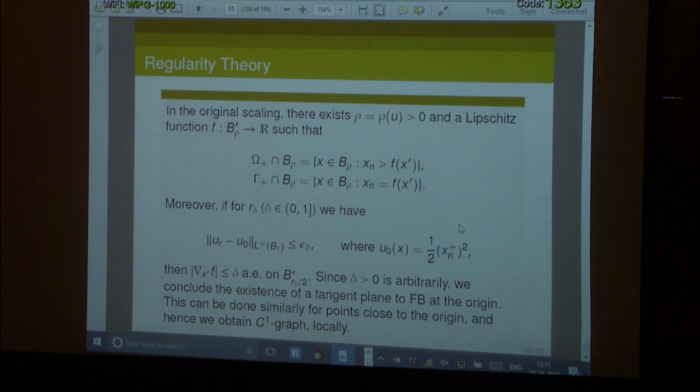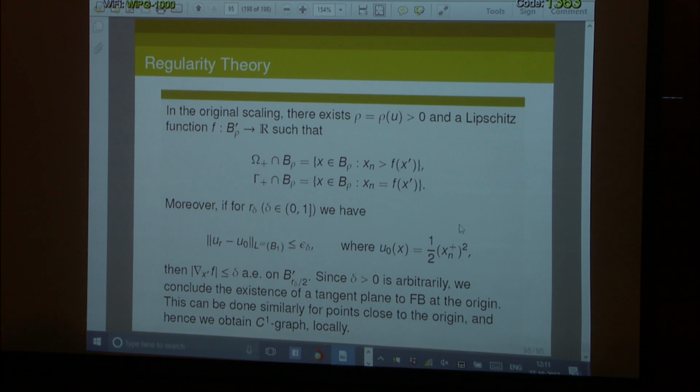There is another way of doing this by the boundary Harnack inequality. You can do that very fast, but I will not go through it. It doesn't give you only C1, it gives you C1,alpha. This one gives you just C1. The other method gives you C1,alpha, which is much stronger.